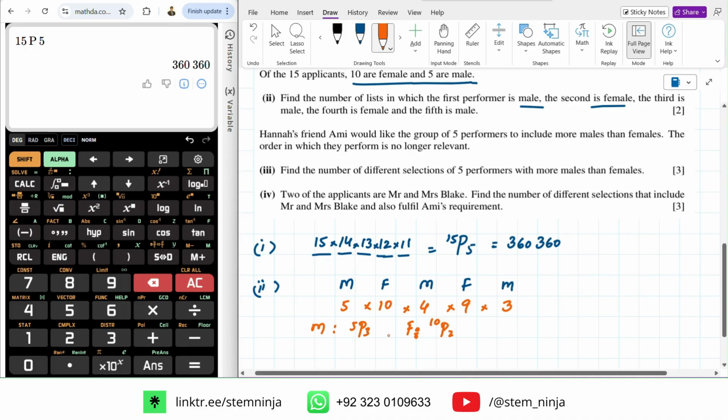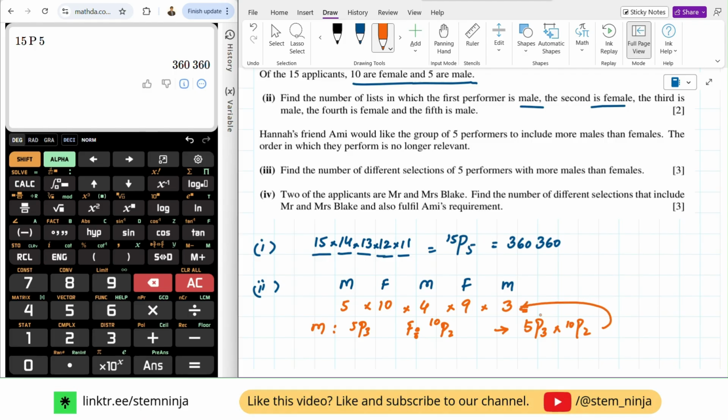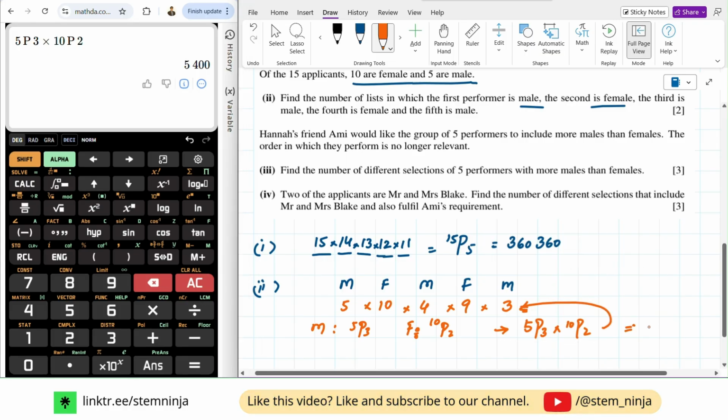Multiplying these, this would be 5P3 times 10P2, identical to the other way. So whichever way you are more comfortable with. So 60 times 90, 5400.